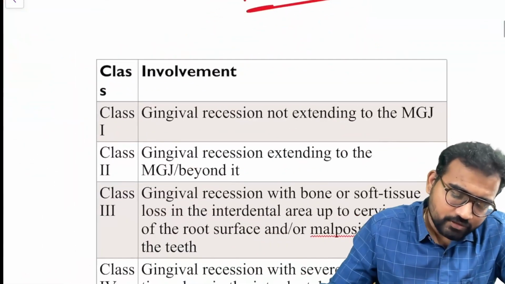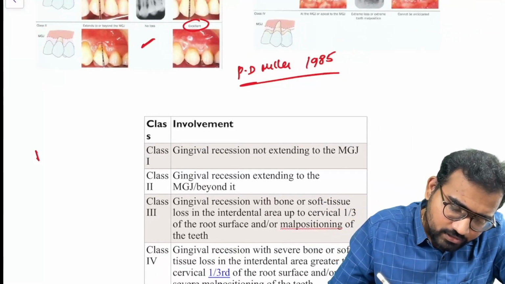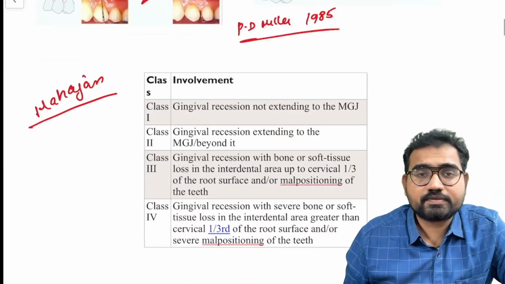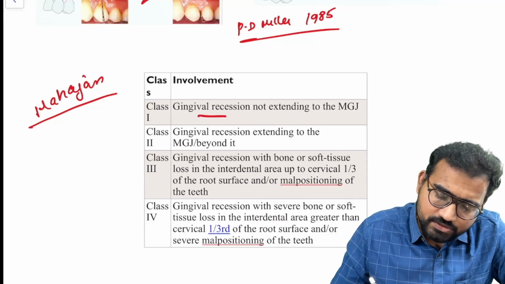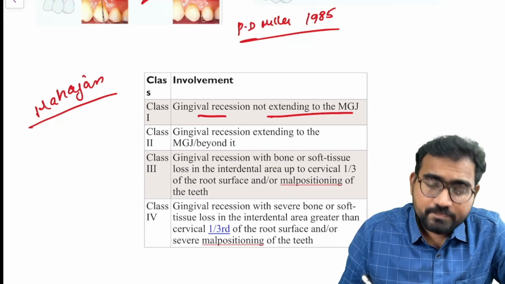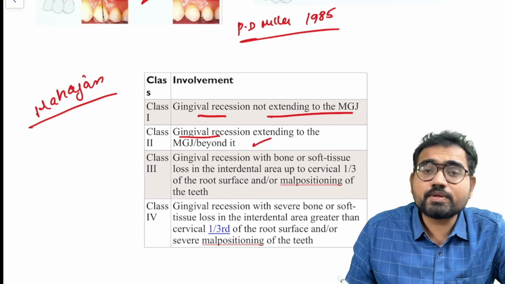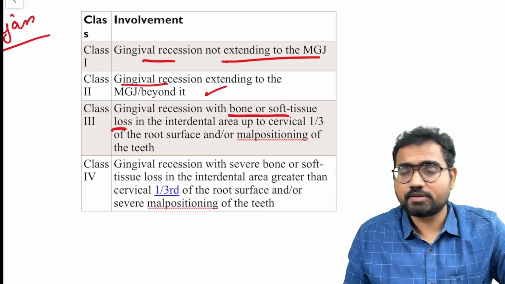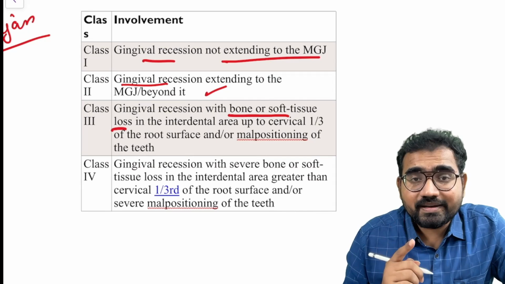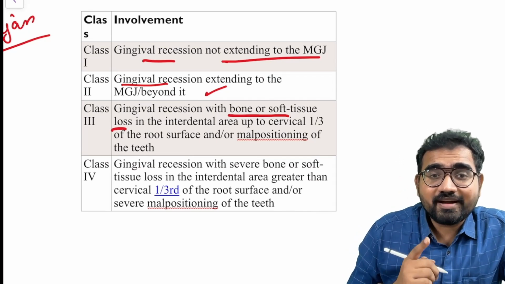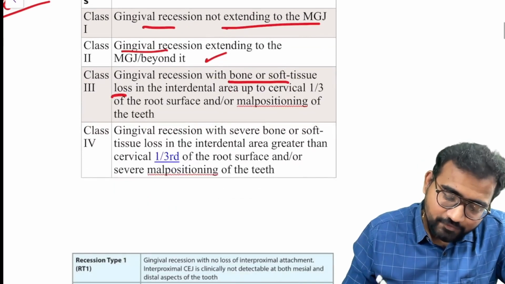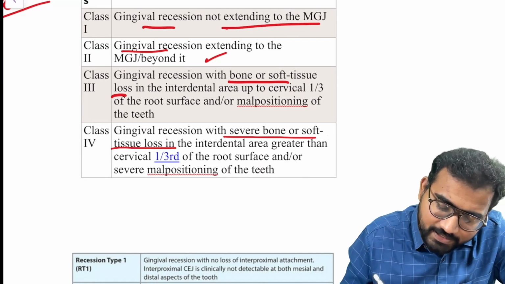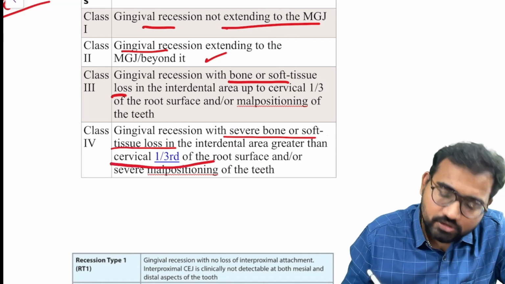And then Mahajan modified the Miller's classification. Class 1 is recession not extending to the mucogingival junction, class 2 is recession extending to the mucogingival junction, class 3 is recession with bone or soft tissue loss in the interdental area up to the cervical third and/or malposition. Class 4 is recession with severe bone loss and severe soft tissue loss greater than the cervical 1/3 of the root surface.